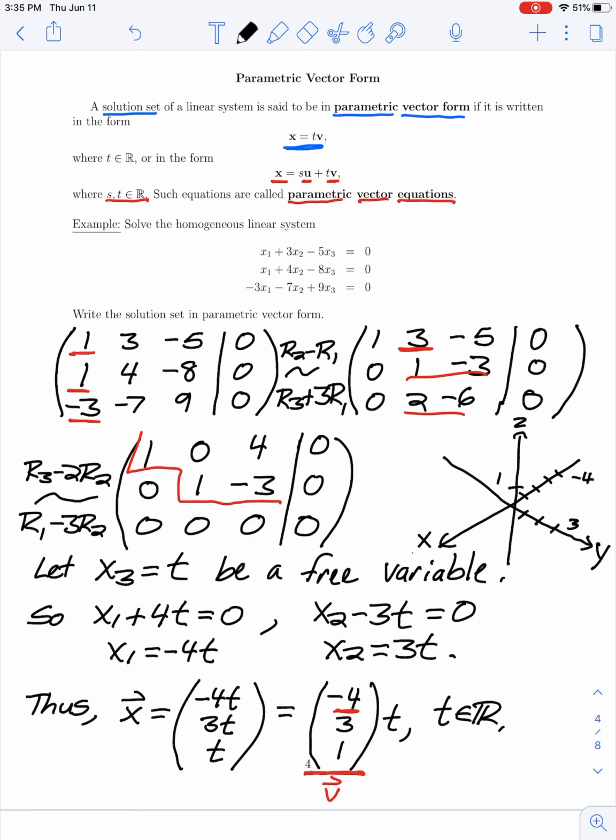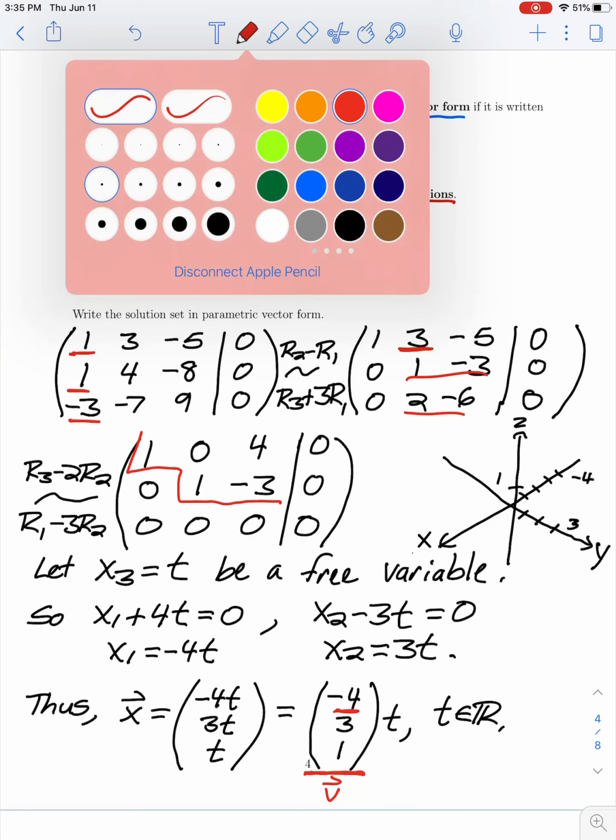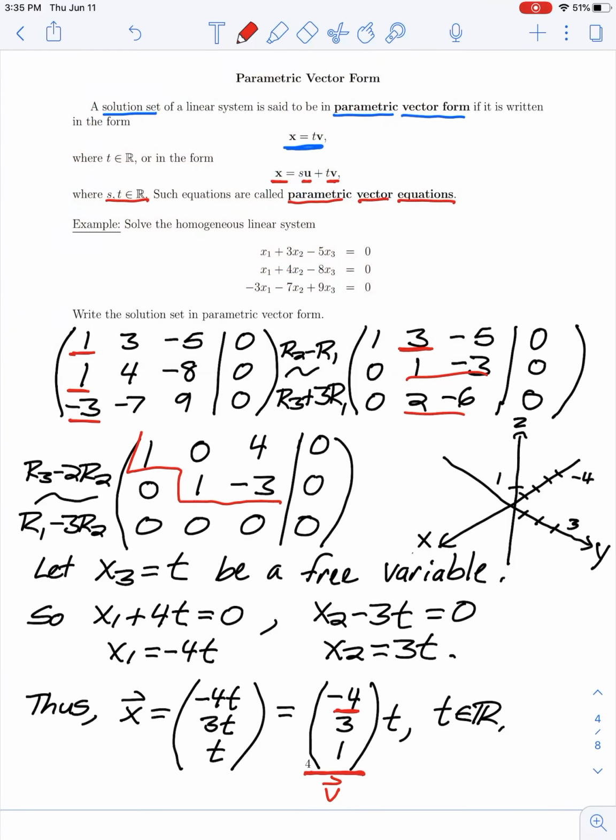We're moving upward 1 unit. So our point, we move from the origin, 0, 0, 0, to the terminal point given by this point negative 4, 3, 1 in space.